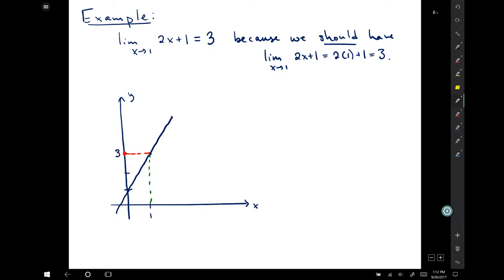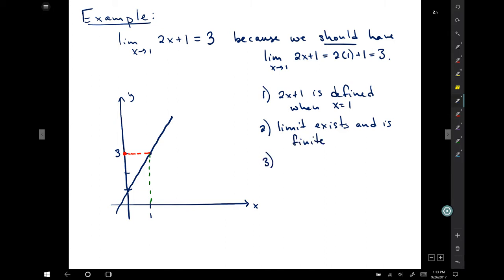Another way to think about this conceptually is what happens to 2x plus 1 as x gets close to 1. 2x plus 1 is going to get close to 3 when x gets close to 1. So notice we do have all three conditions. 1, 2x plus 1 is defined when x is equal to 1. 2, the limit exists and is finite.